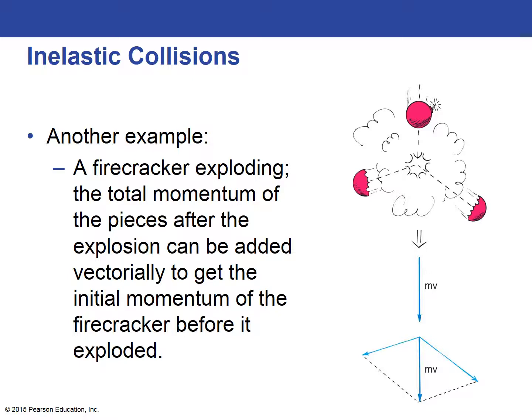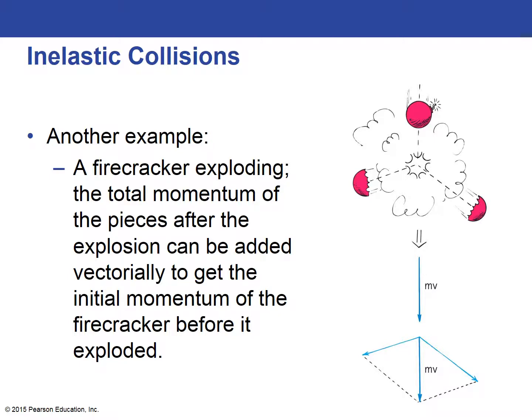The pieces of paper from the firecracker will move apart in different directions at the explosion. But vectorially, when we add up the momentum of all of the pieces of paper that result from the destruction of the firecracker, those momenta will add up to the original momentum.